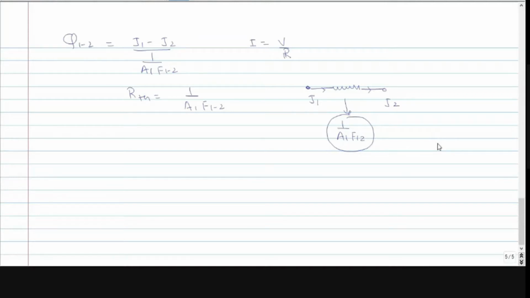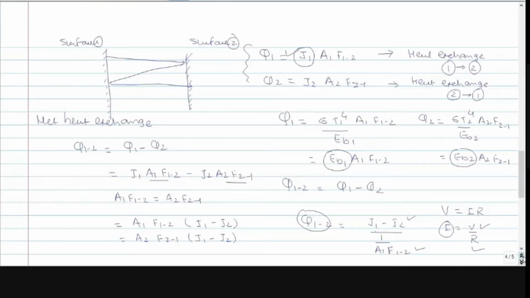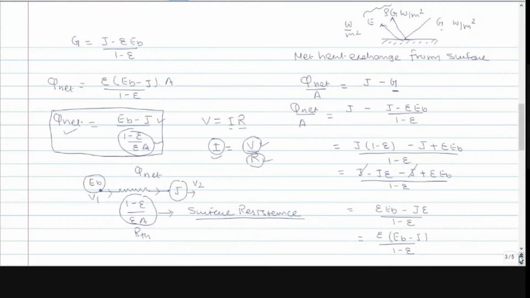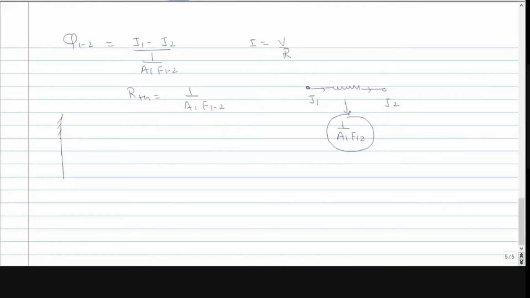So now students, I'm going to combine both of these resistances, that is EB to J. So it becomes EB1 to J1, then J1 to J2, and I just want to write this: this is my non-black surface 1, this is my non-black surface 2.